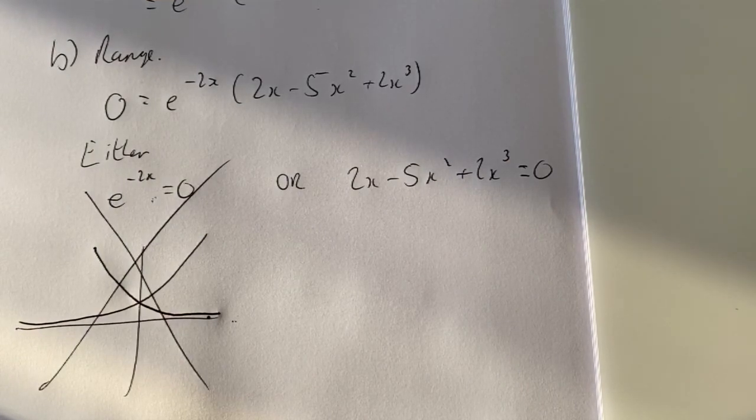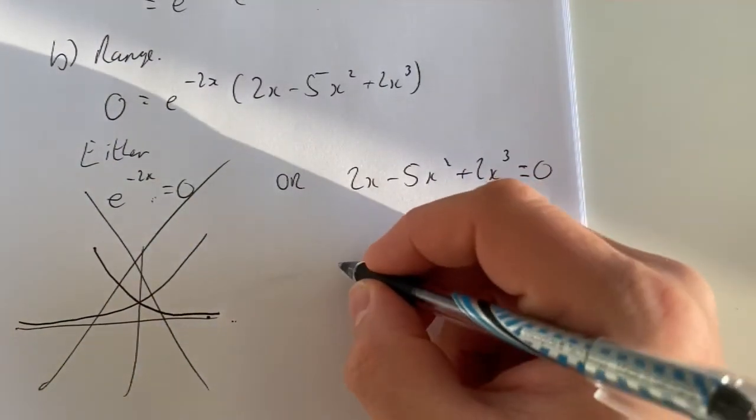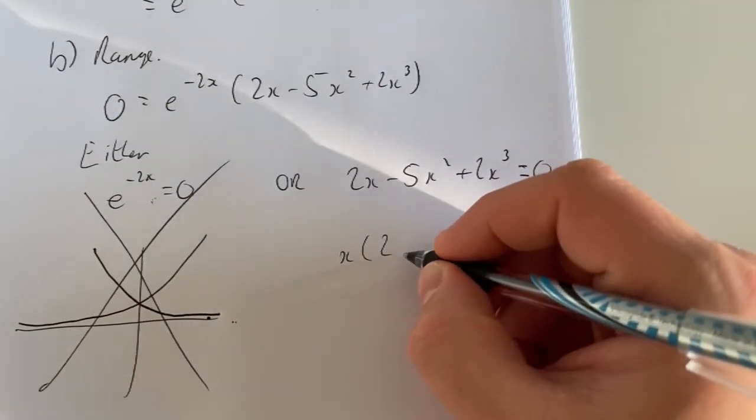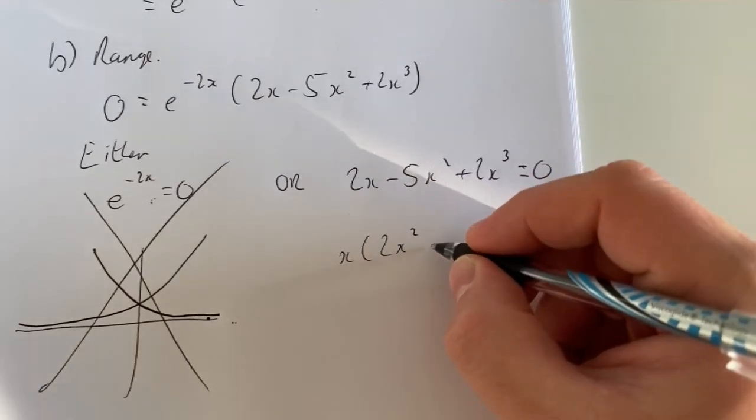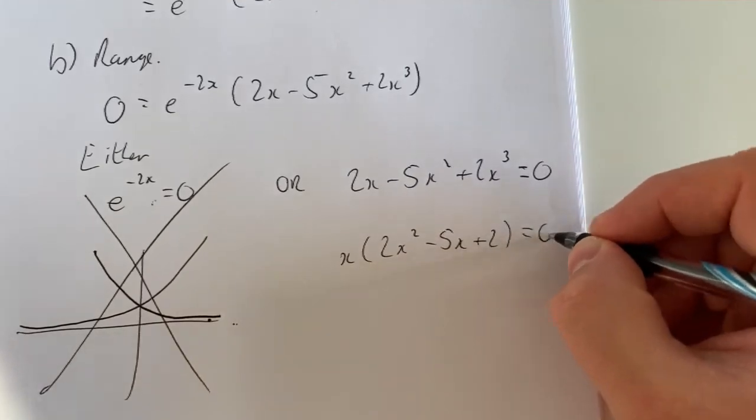2x minus 5x squared plus 2x cubed equals 0. So to try and solve this, I would factorise out x and say x times 2x squared minus 5x plus 2 equals 0.